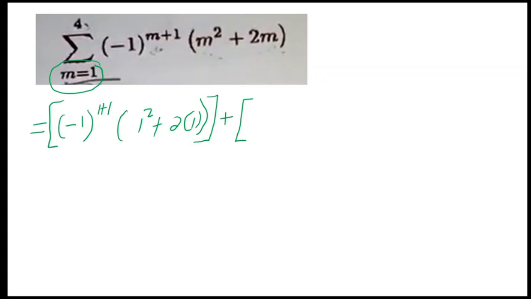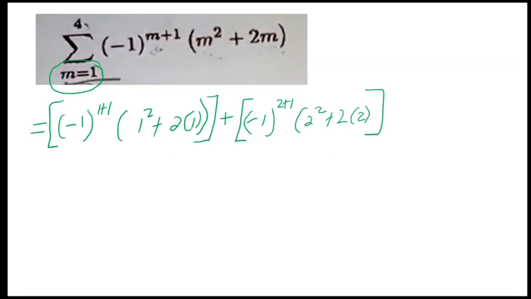A second expression is going to be m is equal to 2. We are moving in an ascending order, so we are going to have minus 1 to the power 2 plus 1 into 2 squared plus 2 into 2. Then we close our brackets.